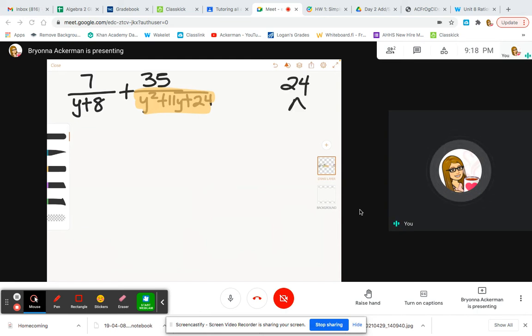We want two numbers that multiply together to give 24 but add to give 11. That is 8 times 3: 8 times 3 gives me 24, and 8 plus 3 gives me 11. So we were able to change this denominator to y plus 8 and y plus 3.